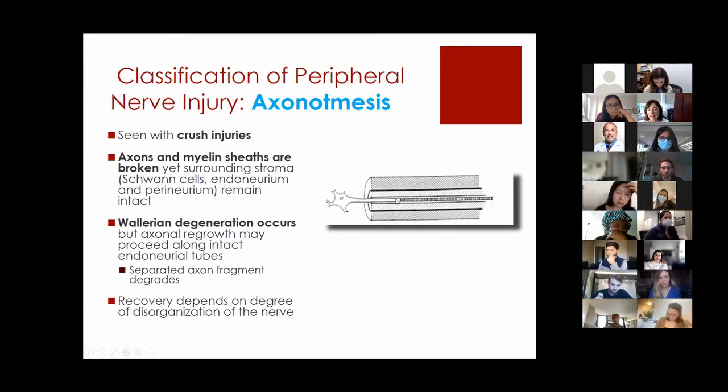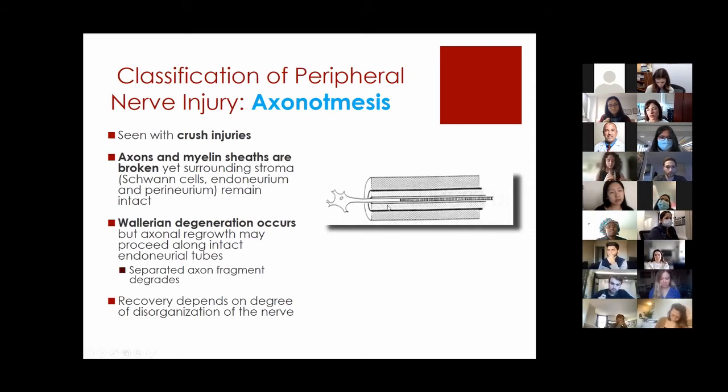So you can have regeneration of peripheral nerve axons, which is a big difference from the central nervous system, for example in stroke, brain injury, or spinal cord injury. We don't think of central nervous system nerves regenerating that well, but we do see peripheral nerve regeneration.